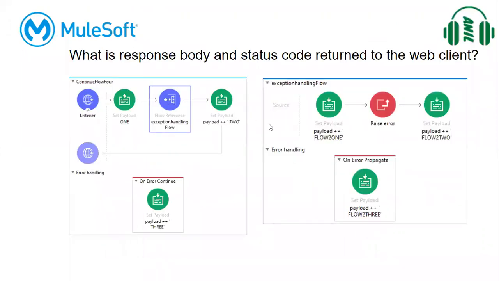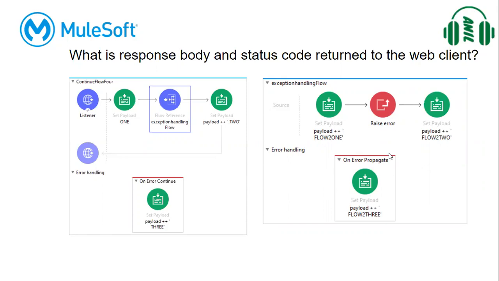But why? Because see here we are using on error propagate. I said when the error reaches on error propagate, it will respond back to the next level with an error response, 500 and error response. But we need to observe one thing here.